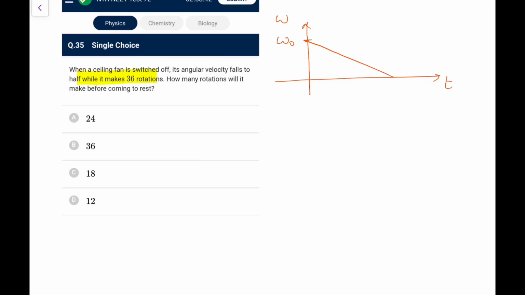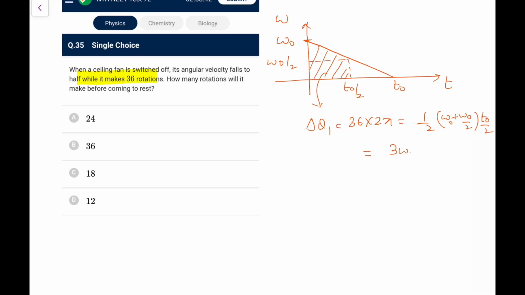By the time the velocity becomes half, if this time is t naught, this would be t naught by 2. The angle covered, delta theta 1, which is 36 rotations, or 36 into 2 pi, is equal to the area of this trapezium. That would be omega naught plus omega naught by 2, into t naught by 2, or you can write it as 3 omega naught t naught by 8.